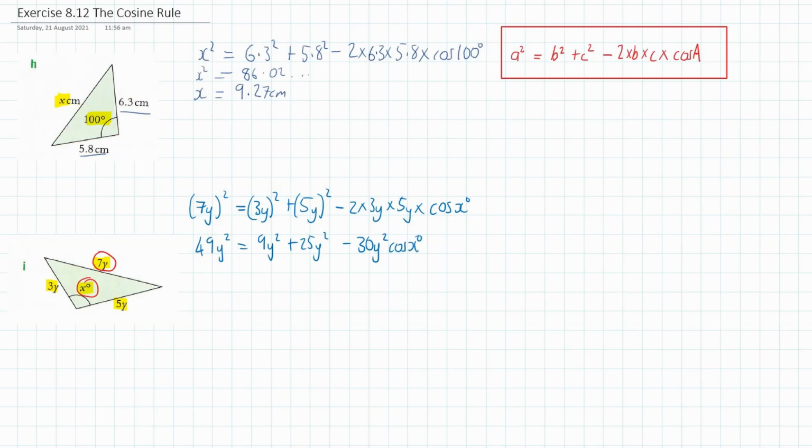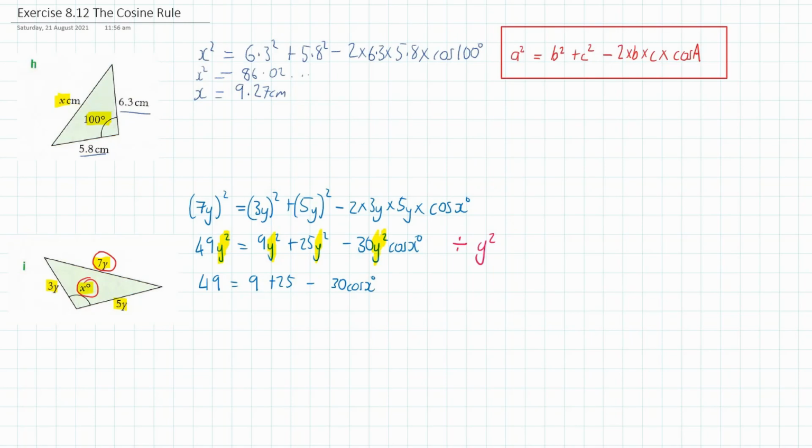Now I hope you can see at this point that every term has a y squared. So I'm just going to divide both sides by y squared, and that will get rid of that from everything. So my next line is going to be 49 is equal to 9 plus 25 minus 30 cosine x.